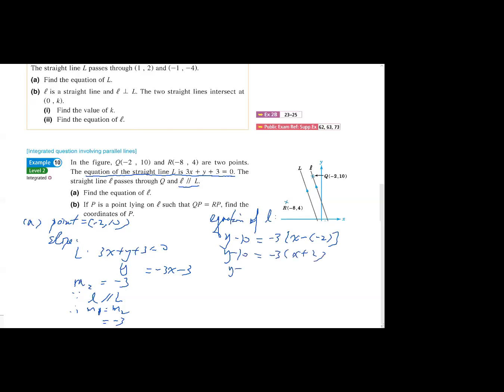Removing the bracket, it's -3x minus 6. And then moving all the terms to one side and keeping x term positive, which means that all the terms should be moved to the left. Okay, so it becomes 3x plus y minus 10 plus 6 becomes -4 equals 0. Okay, so that is how we can find the equation of l in part A.